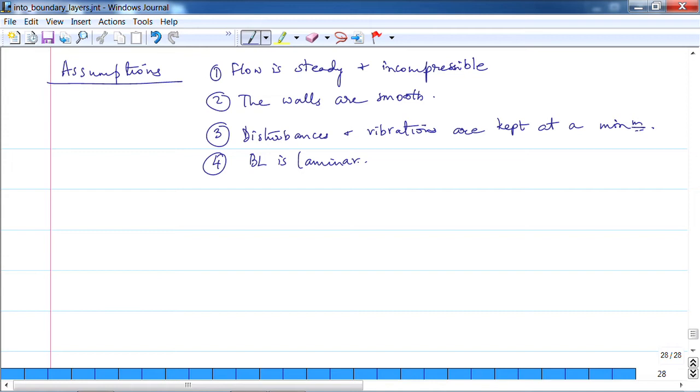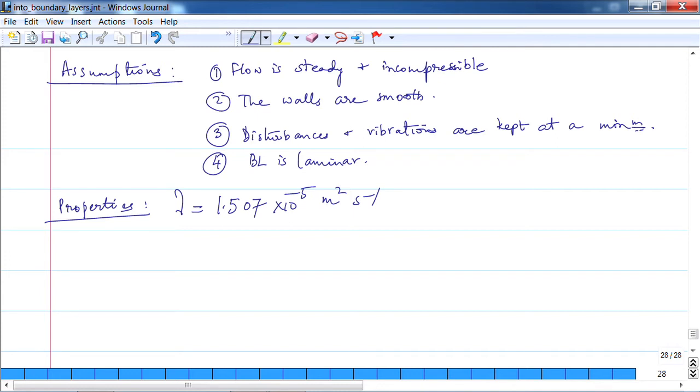These are basically my assumptions, and the properties based on what is given to us. What we basically get is that nu is 1.507 times 10 to the power minus 5 meters squared per second. So this is nu.